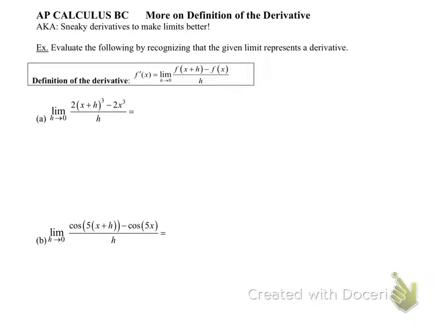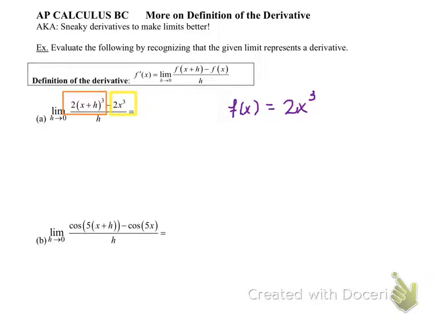Well, if you look at this, both this and this make it look like your original function, f of x, is actually 2x cubed. And guess what? It really is. Your original function is 2x cubed.